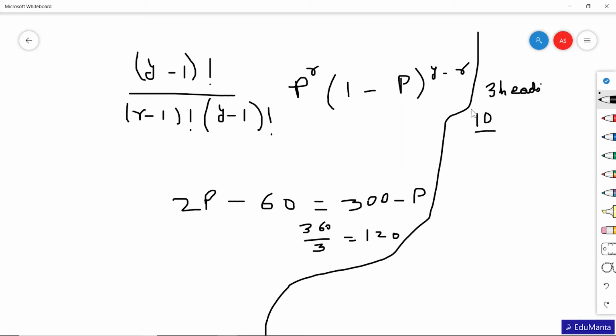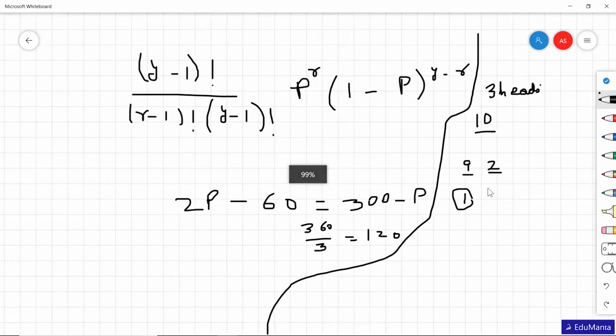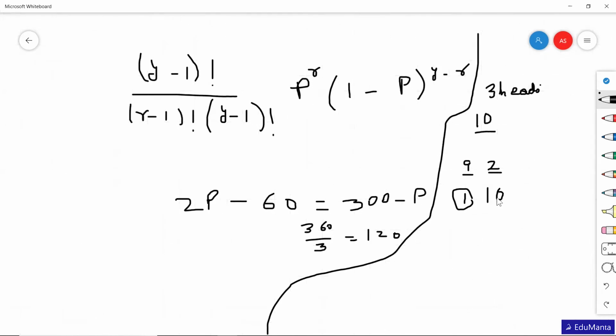It is possible to get the third head in the 10th trial only when we have already got 2 heads in 9 trials, right? Only then is it possible, there will be a probability that we will get the last trial, that is 1 head at the 10th trial, right?